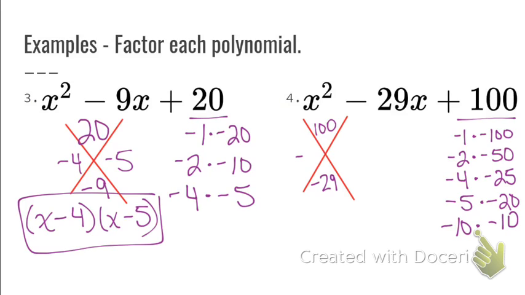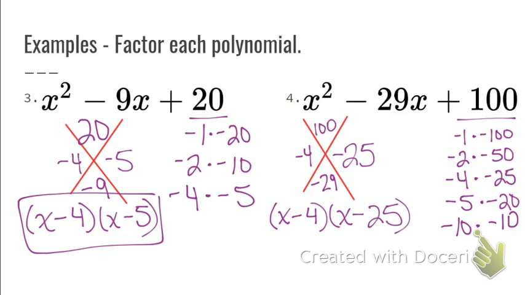Well, that would be negative 4 and negative 25. So our answer, x minus 4 times x minus 25.